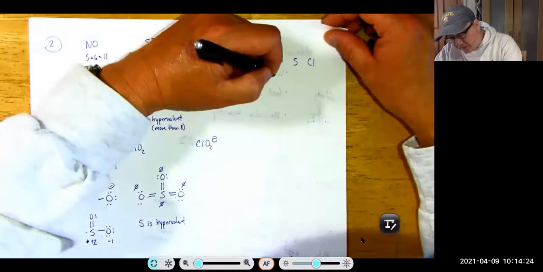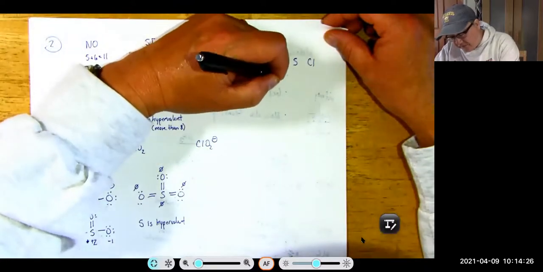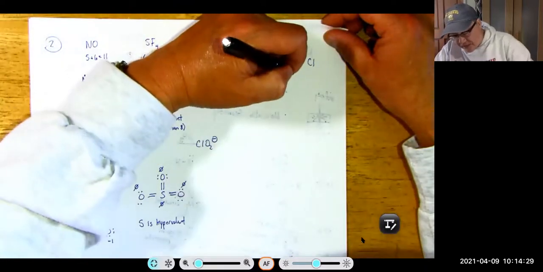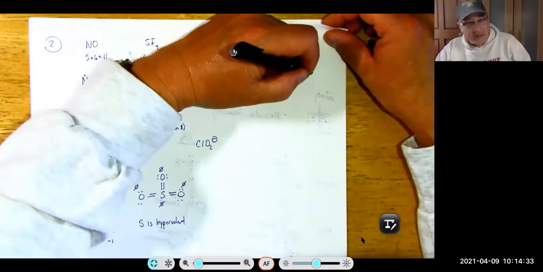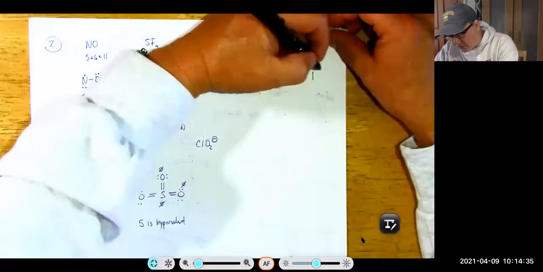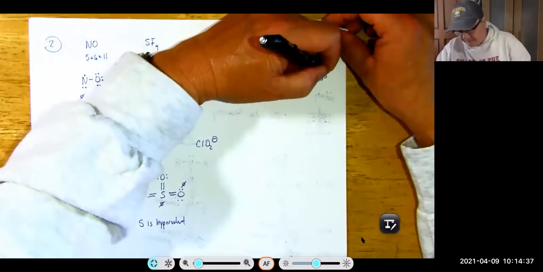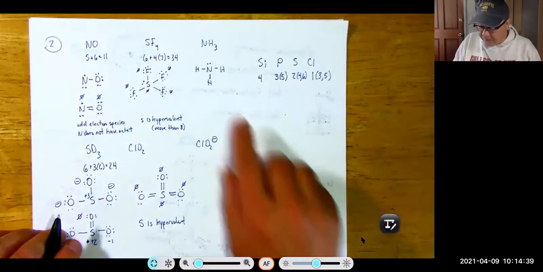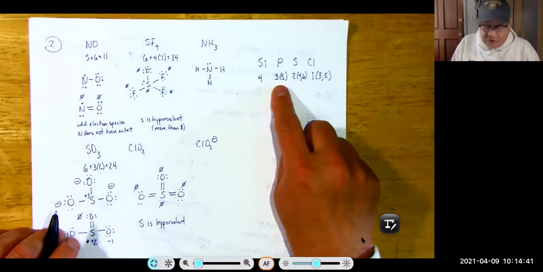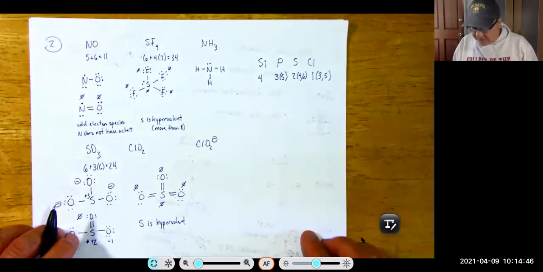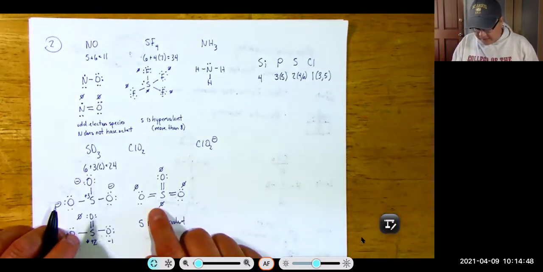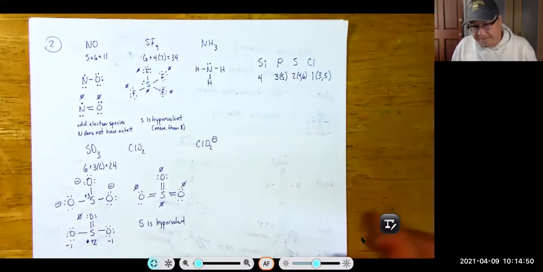Phosphorus can make 3 like nitrogen, but can also do 5. Sulfur can do 2 like oxygen, but also 4 or 6. And chlorine can make 1 like fluorine, but also 3 or 5. So in the third period, you'll notice the exceptions always go up by 2: 3, 5; 2, 4, 6; 1, 3, 5. So here we have a sulfur with 6 bonds, and it's hypervalent.